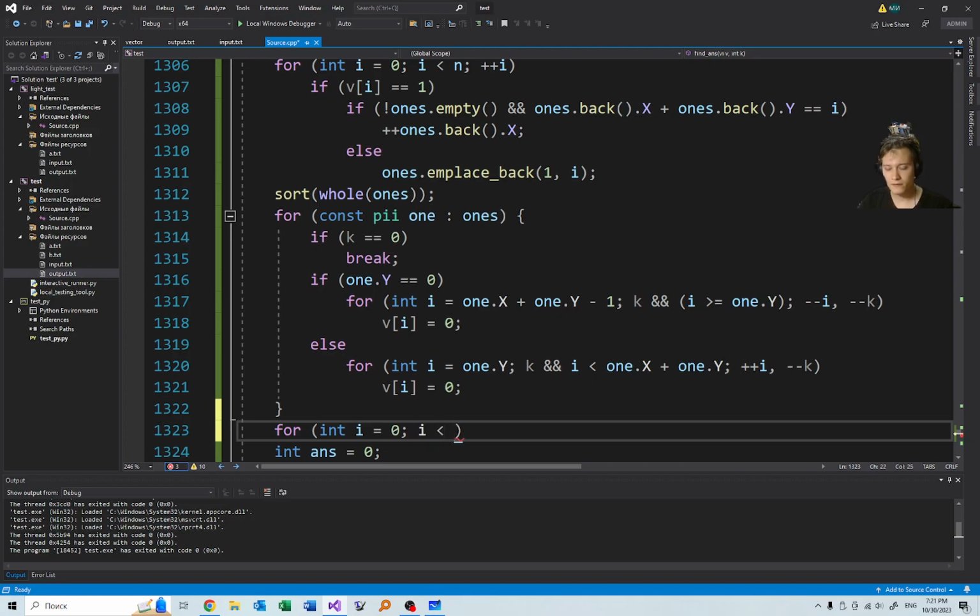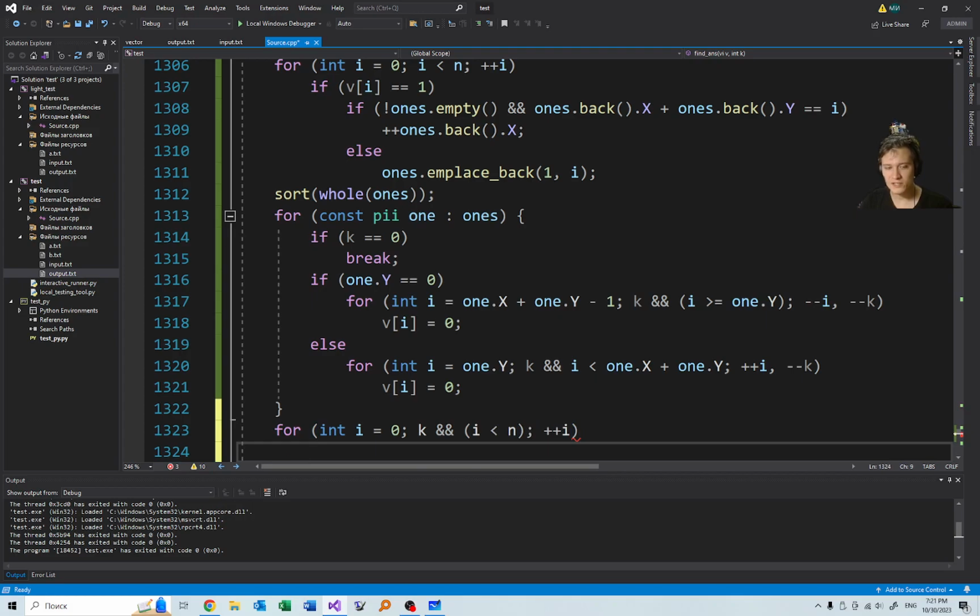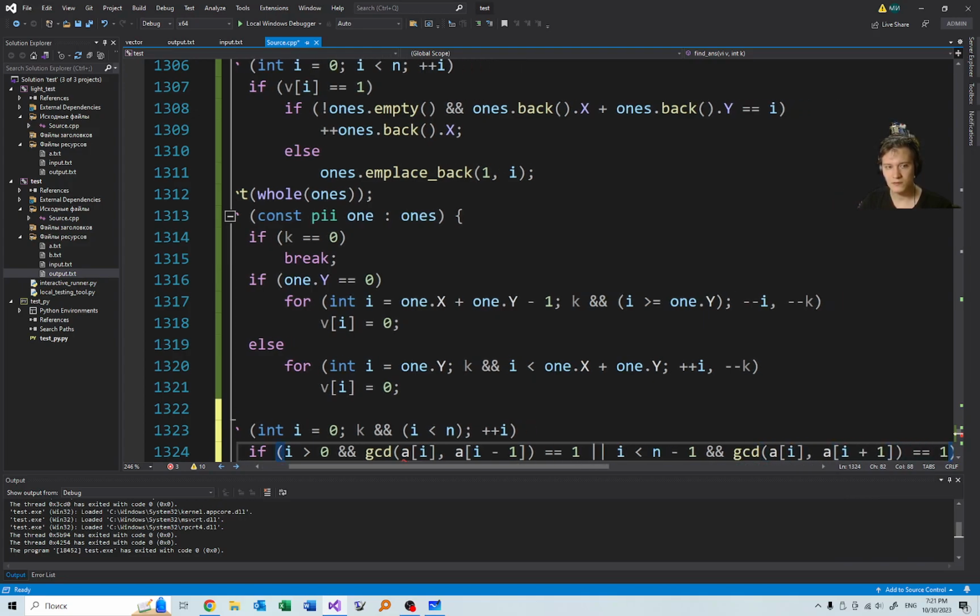To do it, we go just through all elements, and we ask, is it true that i is greater than 0 and GCD of a[i] and a[i-1] is 1? Or is it true that i is less than n minus 1 and GCD of a[i] and a[i+1] is 1?